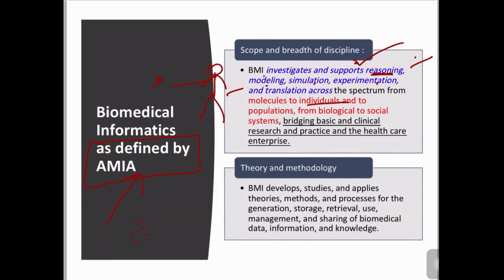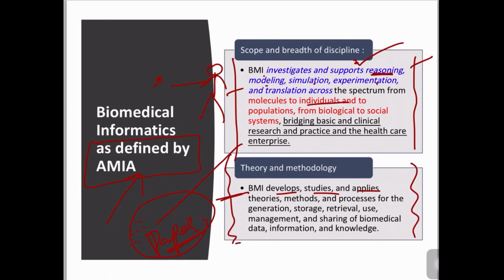So please write this definition on your paper. They also say that BMI develops, studies, and applies the theories, methods, and processes for the generation, storage, retrieval, use, management, and sharing of biomedical data, information, and knowledge. So these are the definitions we have to take as the way people define it.